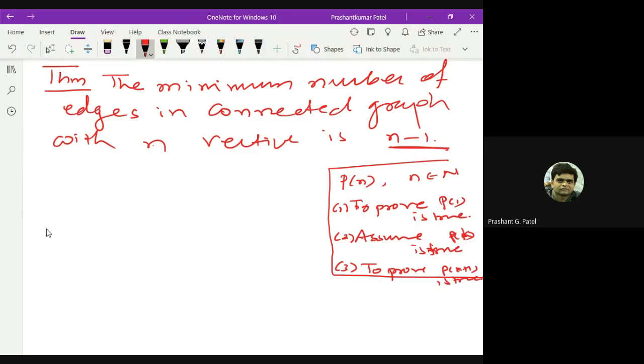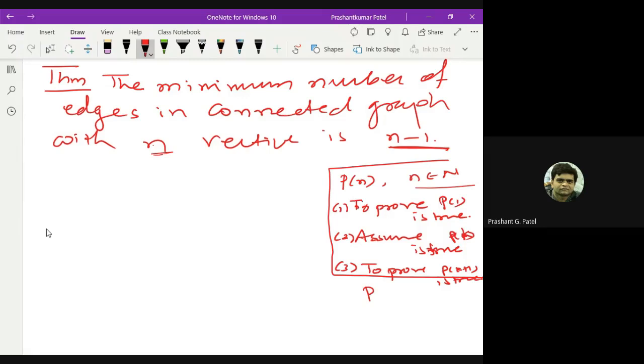Any statement that satisfies these three steps, then we can say that the statement is true for any natural number n. Here, what is the statement? The statement says the same thing which we have written, that the minimum number of edges in a connected graph G with n vertices is n minus 1 edges. So we shall prove this result using mathematical induction.